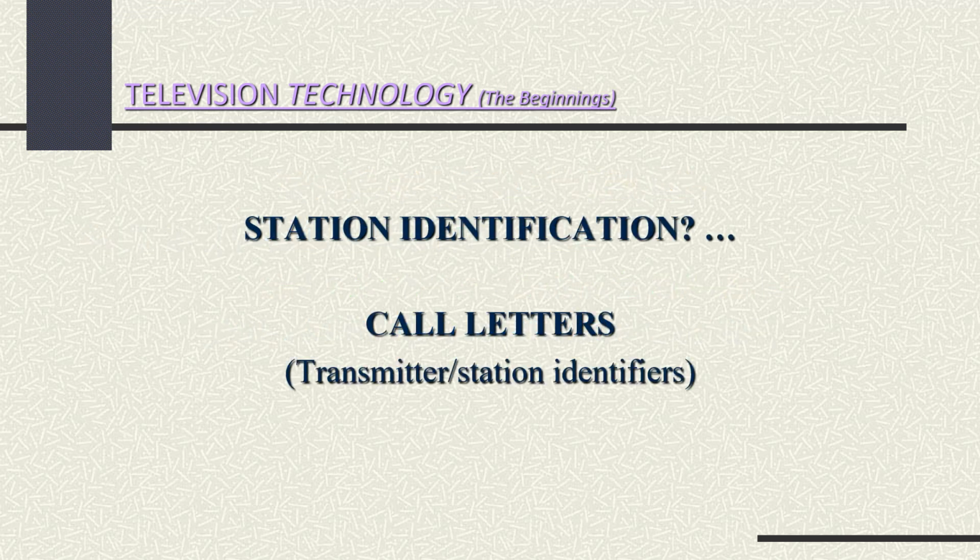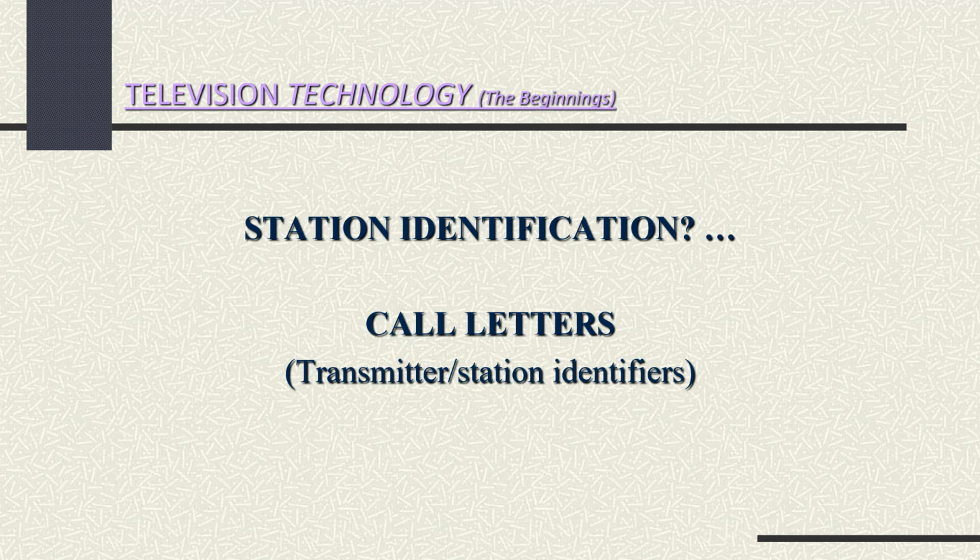What's interesting is that a lot of these corporations, once they received licenses, would find a way to infiltrate their corporate identification into the identification of the station. They did this through what are known as call letters.